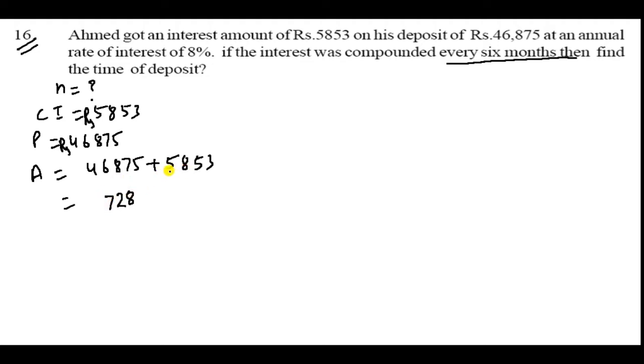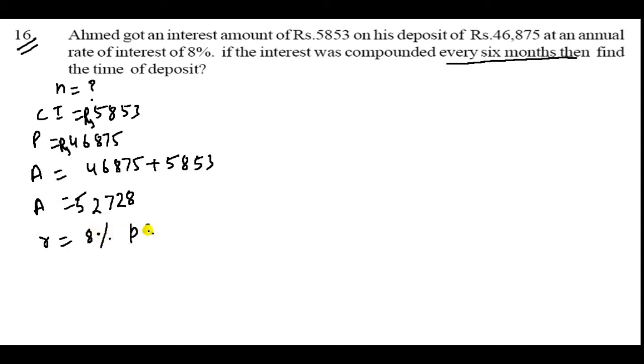So 5 and 3, that is 8, and 5 or 7, 12, carry 1, 8 and 8, 16, and 1, 17, 5 or 6, 11, and 1, 12, and here 4 and 1, that is 5.